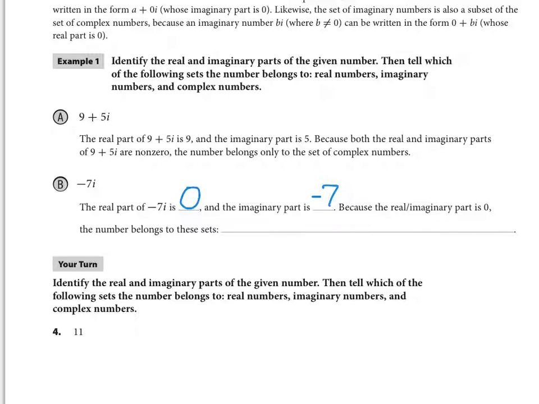Because the real, not the imaginary, part is 0, the number belongs to these sets. It belongs to the imaginary numbers and the complex numbers.